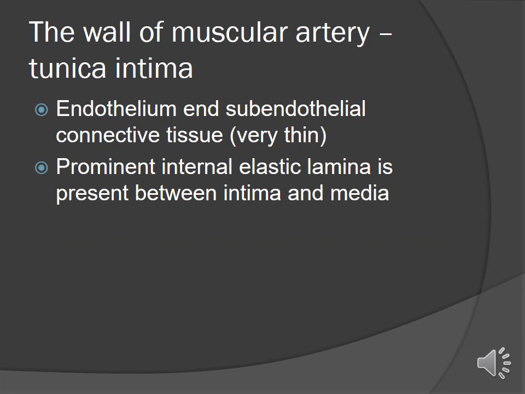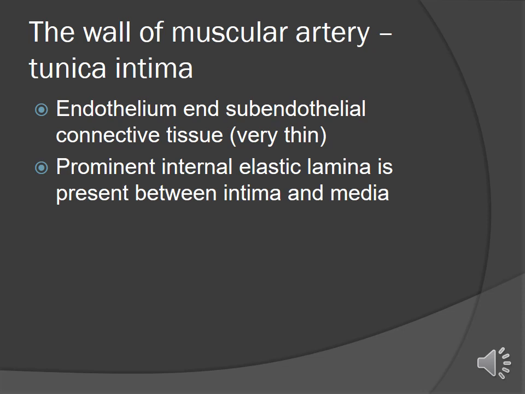Tunica intima in the muscular arteries is thinner than that in the elastic arteries. It contains endothelium and a subendothelial layer that contains a few smooth muscle cells, also in contrast with that of elastic arteries.